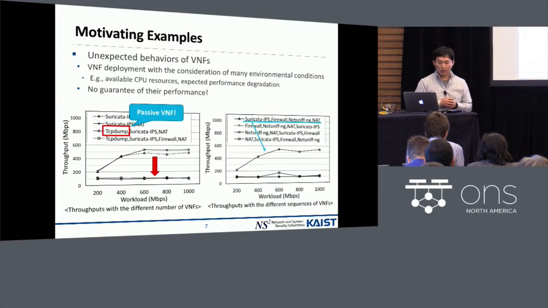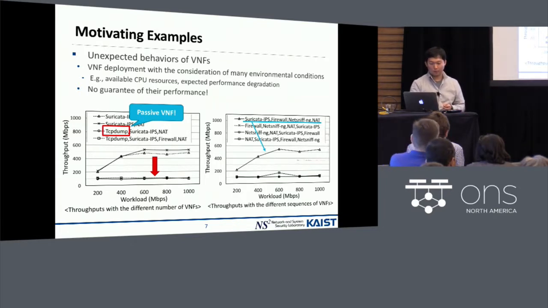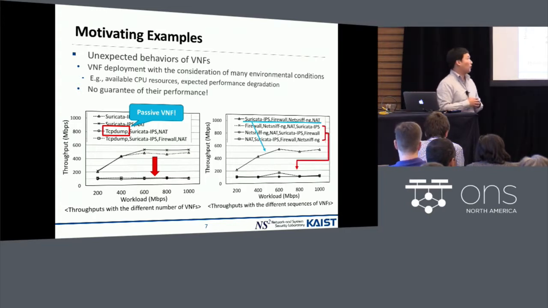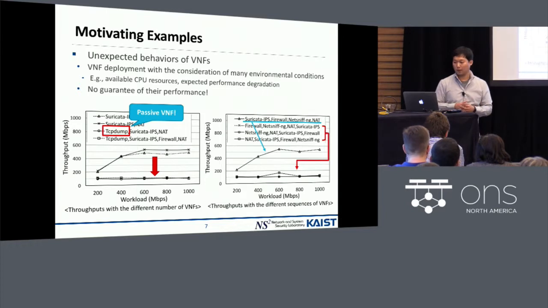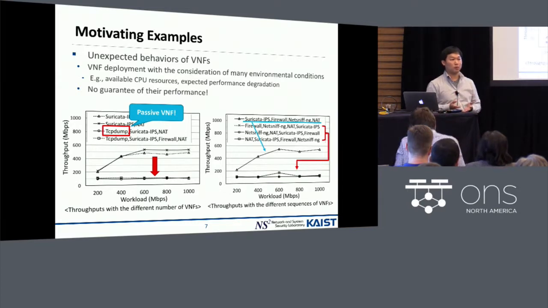And the right side graph shows that when we change the order of the VNFs, the overall performance could also drop. Then, which VNF do you think causes the performance degradations? So based on simple measurements, it's hard to say what the major problems are in NFV environments.